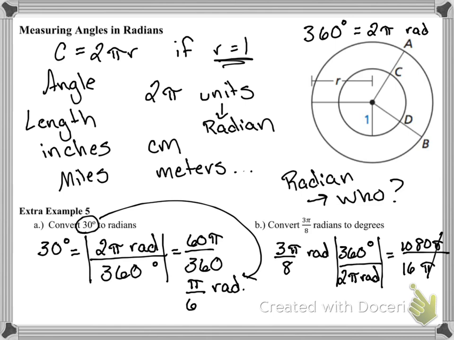You notice those pi's cancel. 1080 divided by 16 is exactly 67.5 degrees. So 3 pi over 8 radians is exactly 67.5 degrees.